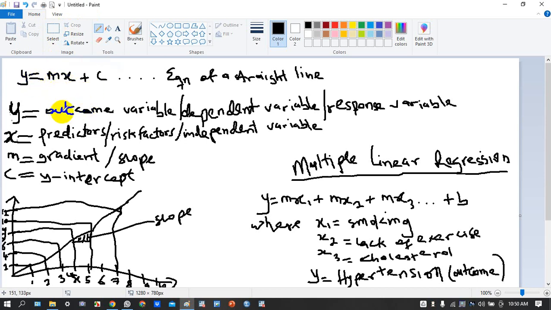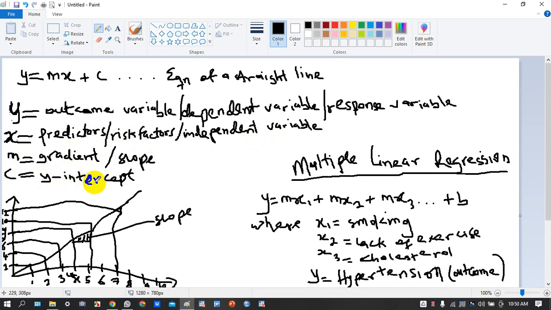The y is defined as the outcome variable, or the disease, or the dependent variable, or the response variable. Whereas x over here is defined as the predictor, or risk factors, or independent variable. Okay? And the m is the gradient or slope.